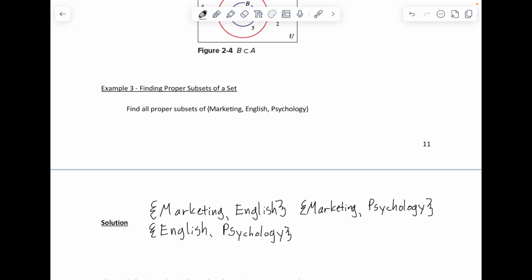Then we have 3 subsets that contain only one element. The subset that contains only marketing. Oopsies, that should be a brace, not a parenthesis. Let's see if I can fix that. And then we've got the subset that contains only English. And the subset that contains only psychology.